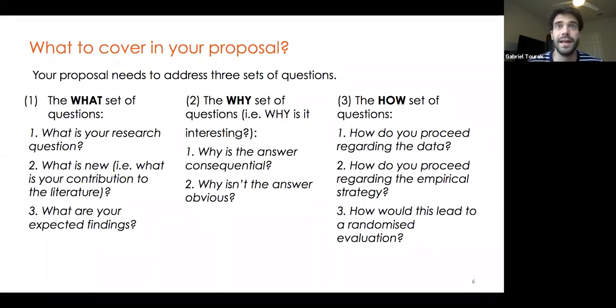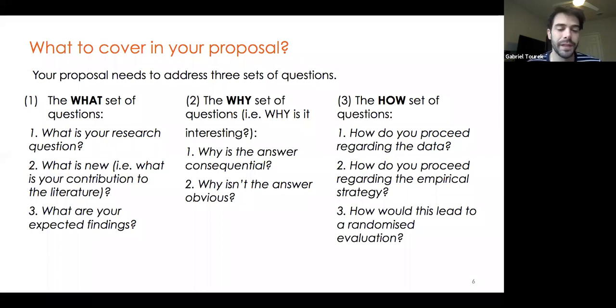And I think this is not always the case. Maybe the question you're asking is obvious. Like it seems clear that some program that you're proposing to evaluate should have positive impacts, and others have suggested that that would be true, but no one has tested it in the real world. And I think that's a case where the answer might appear obvious, but we don't have any empirical evidence on that question. And in that case, I think it's still worth testing and asking.